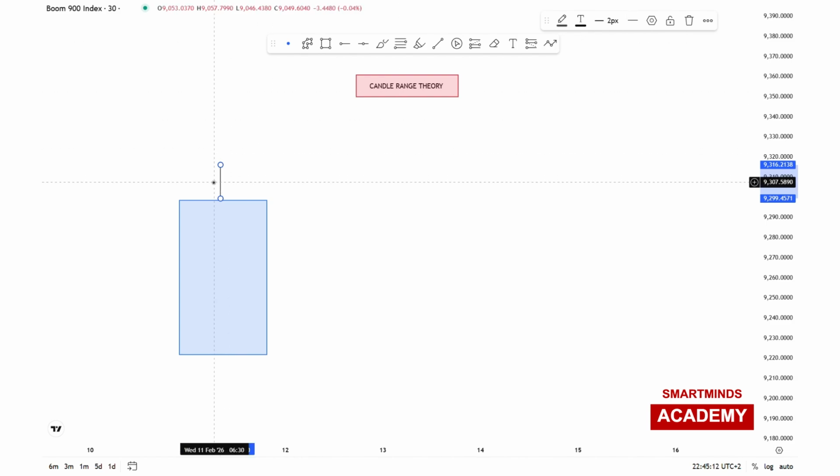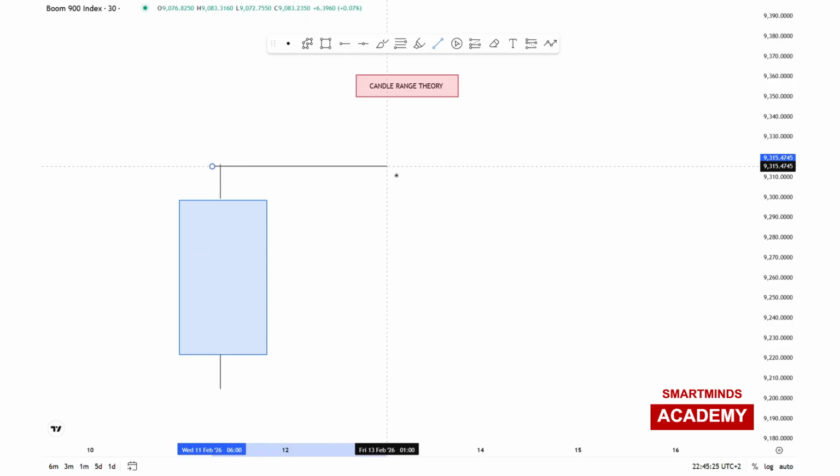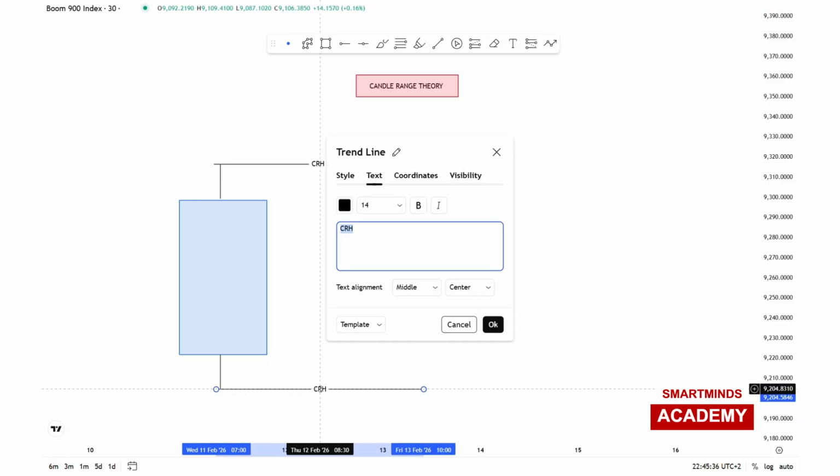It makes more sense when there is a wick; not that it can't work without one, but from my observation it works best with a wick. So you mark your candle range high, CRH here, and your candle range low, CRL here.